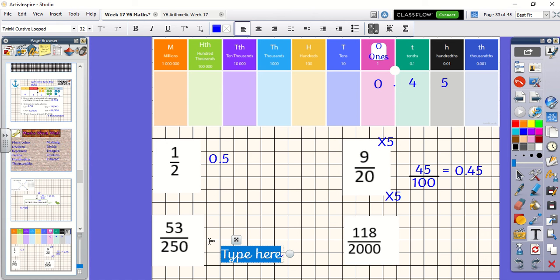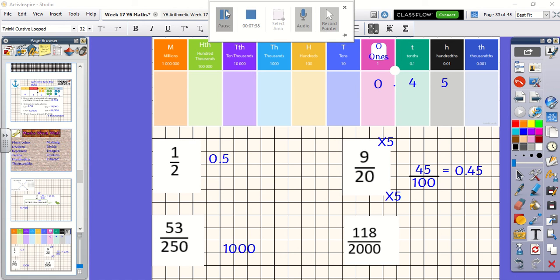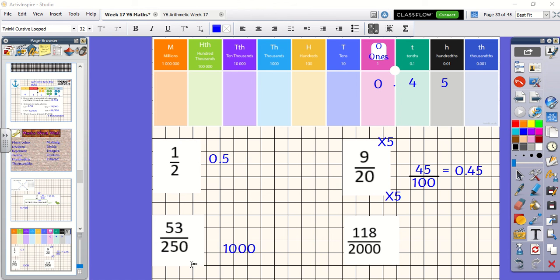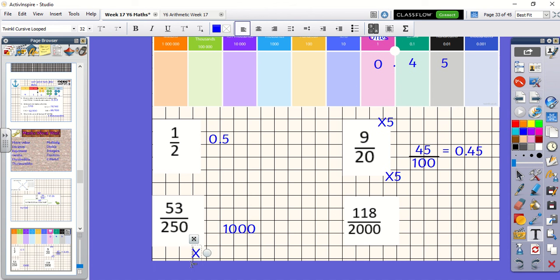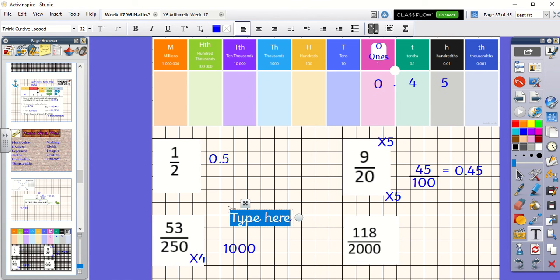So if we make 250 up to 1,000, okay, so we are multiplying 250, we would go 250, 275, 300, okay? So we are going to multiply 250 by 4. So 250 times it by 4. Whatever we do to the bottom, we do to the top.